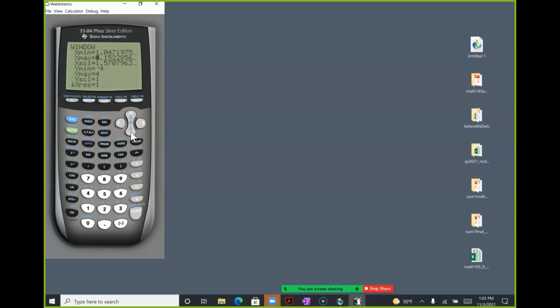And my maximum was 16 pi over 12, right? And my scaling, I really want to be moving by those pi over 12s, right? And then you'll see the one version of your curve, right? Every 3 tick marks is a quarter step, right? Because we're adding 3 pi over 12 every time.